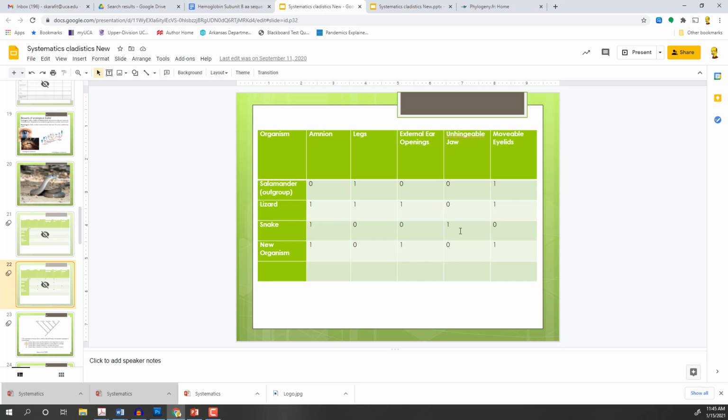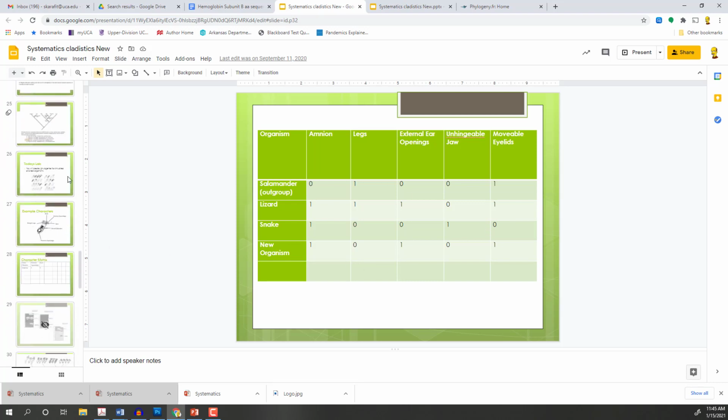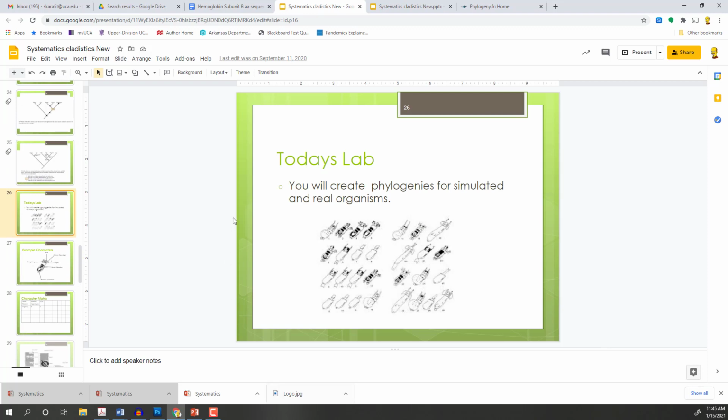And this new organism does not have a hingeable jaw, but snakes do have that. One last thing is that it has movable eyelids, which snakes do not have. So based on all that, if you build a tree that shows the evolutionary relationships of this organism, you might realize that, hey, this is actually a lizard that has lost its legs. It is not a snake. Okay? That's an important thing to note here.